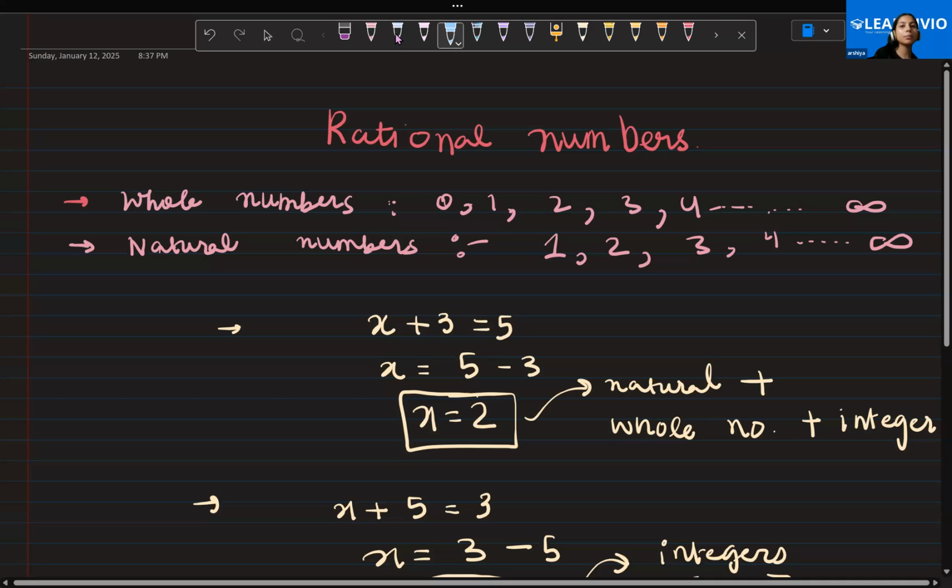Can you give me an example of a rational number? Negative 3 by 7. All right.